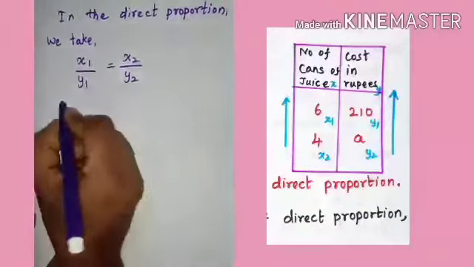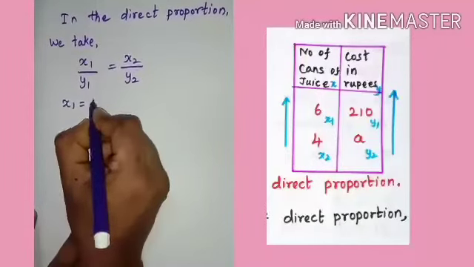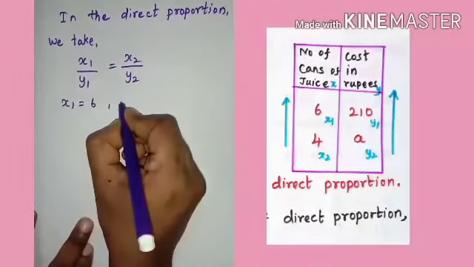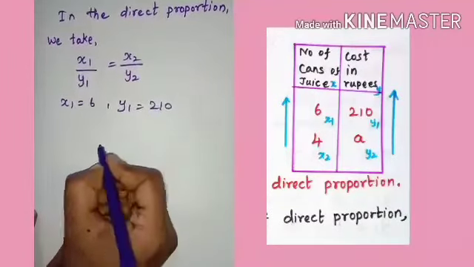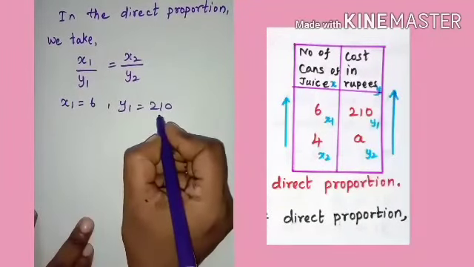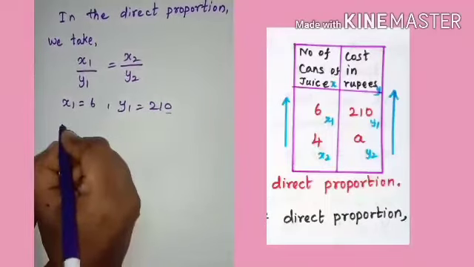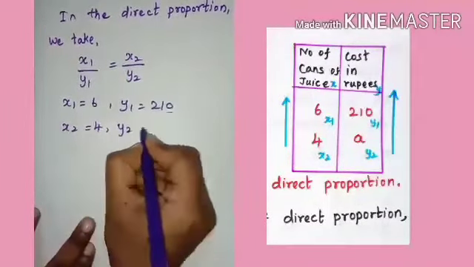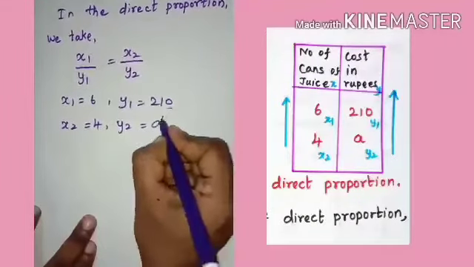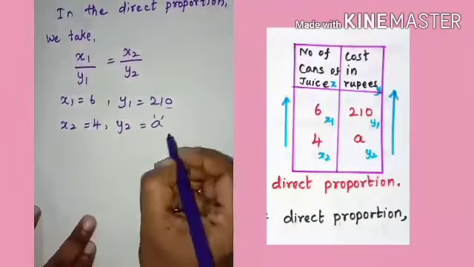Here x1 is equal to 6 cans and y1 is equal to 210 rupees, the cost of 6 cans. And x2 is equal to 4 cans and y2 is equal to a, which is unknown, the cost of 4 cans.